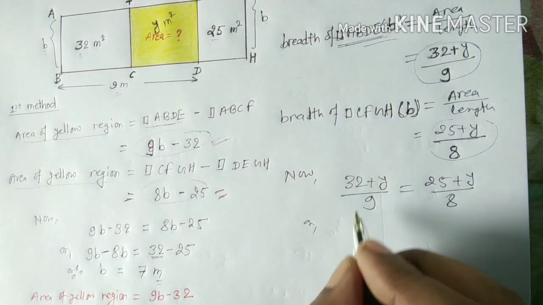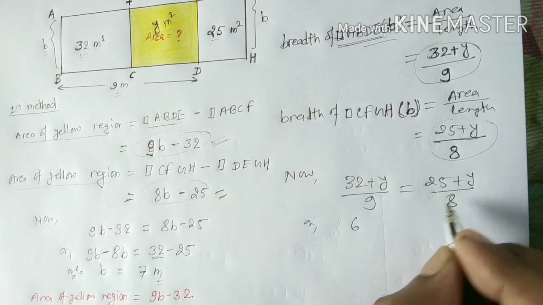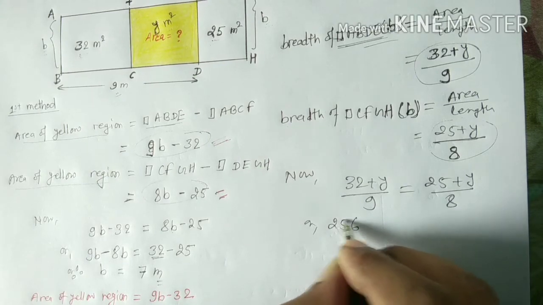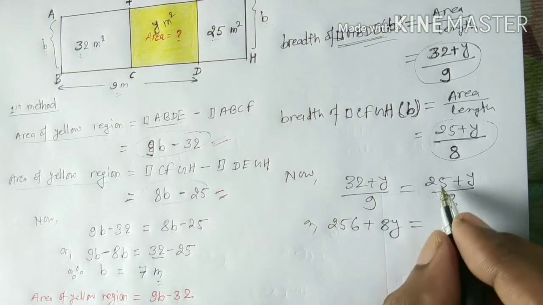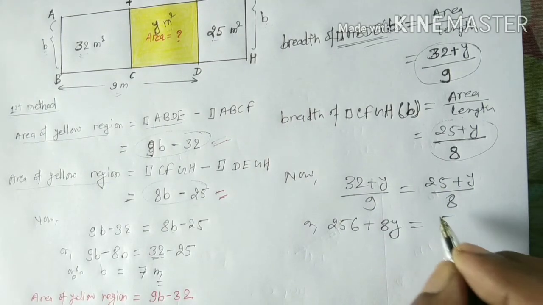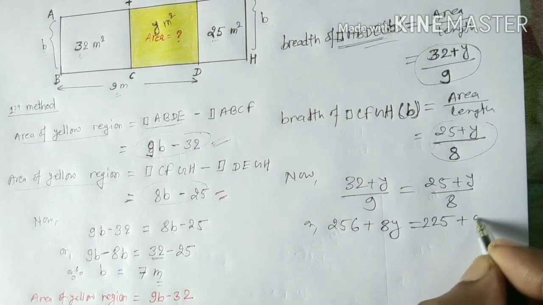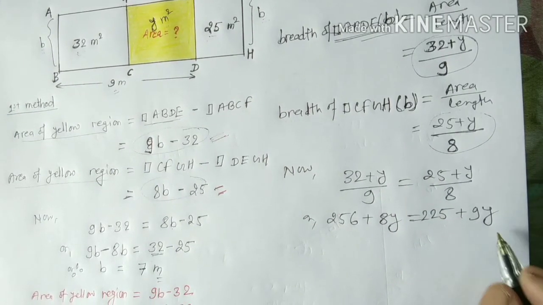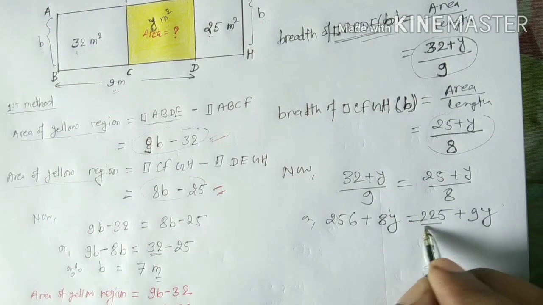So 8 times 32 is 256, plus 8y is equal to 9 times 25, which is 225, plus 9y. Now we need to find the value of y, so we will bring this 8y to that side and this 225 to this side.